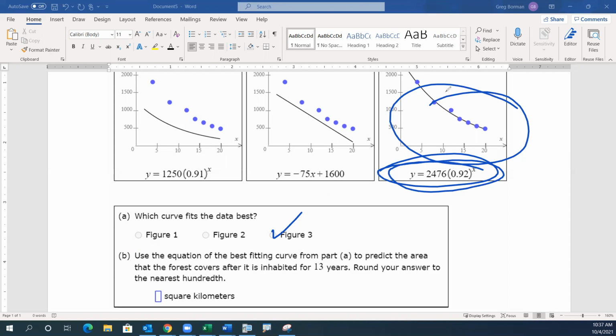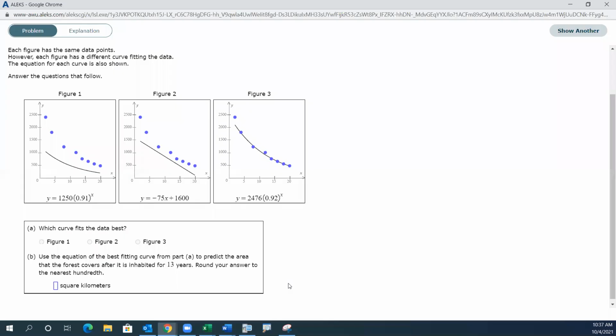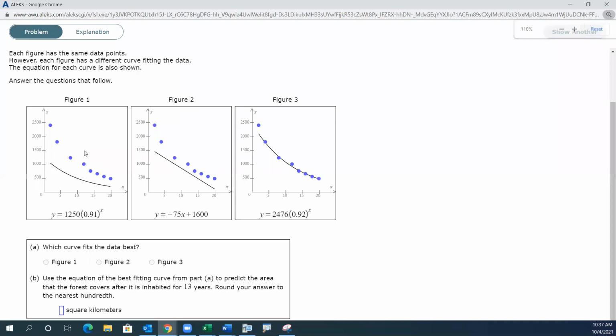Okay, so let's jump back to the actual Alex thing. And oh, it never did give the context. Oh well, whatever. Okay, points.